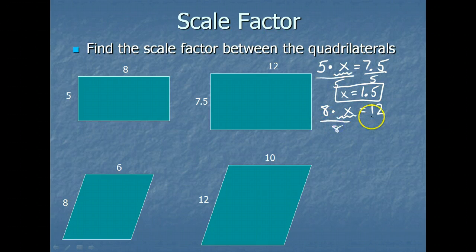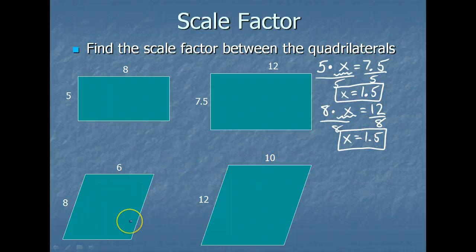Divide by 8, divide by 8. 12 divided by 8 is 1.5. So the scale factor going from this rectangle to this rectangle is 1.5. I checked both the height and the width, and I got the same scale factor.